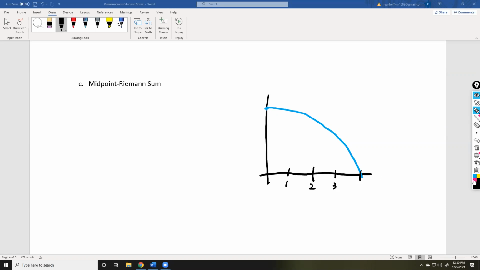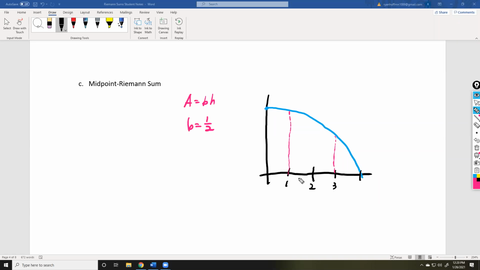And the area that we're trying to find is from 1 out to 3. So area of the rectangle, base times height. The bases, we're still using 4 rectangles, and so we're still using 1/2 as our base.